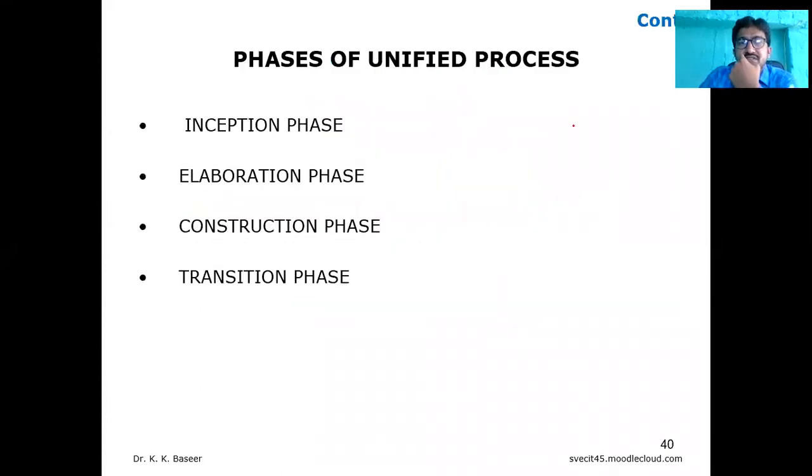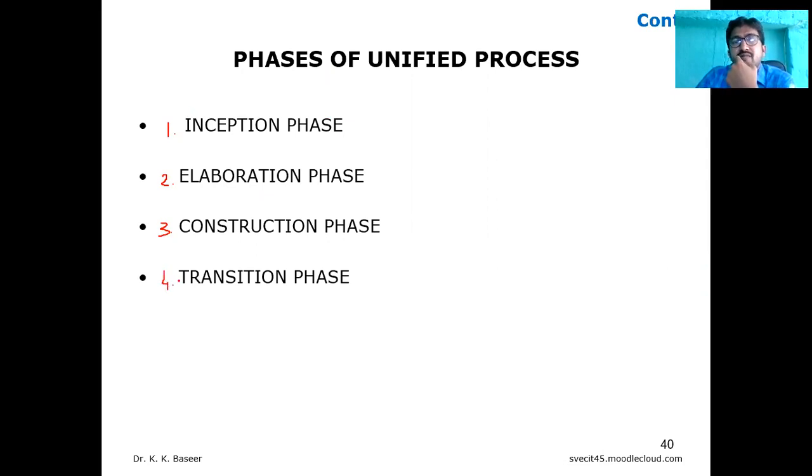Coming to the phases of the unified process, there are 4 phases. Take down the 4 phases. The first one is the inception phase. The second is the elaboration phase. The third is the construction phase. The fourth is the transition phase.